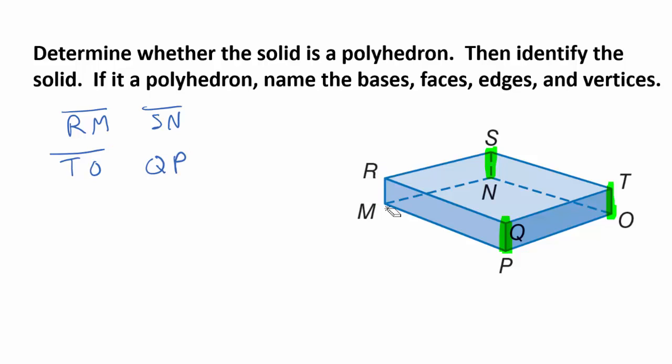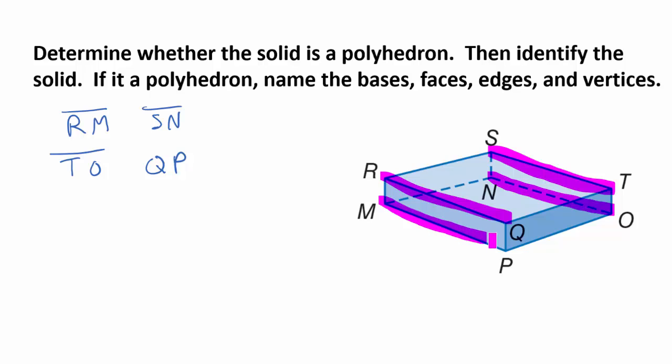Okay, now we've got a few more edges to look at. Let's go with that one. The next group of four that we're going to look at, let's name those ST, NO, RQ, and MP.